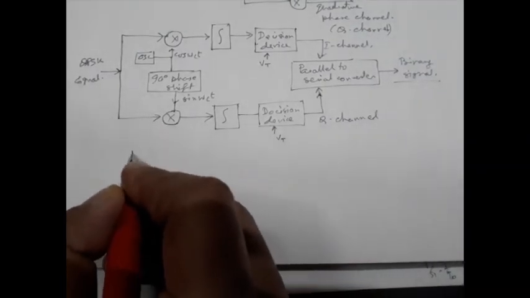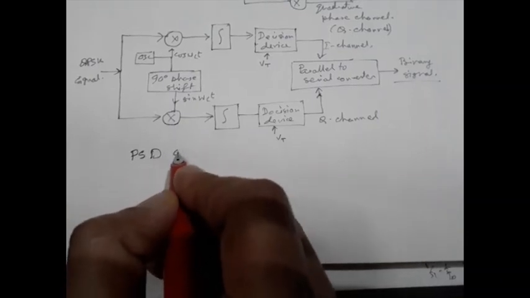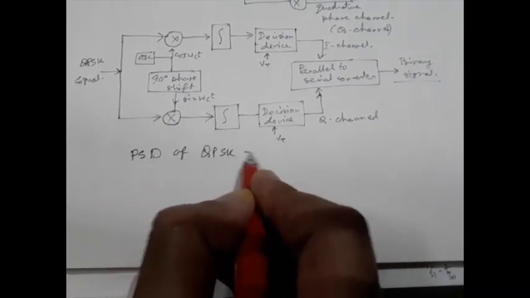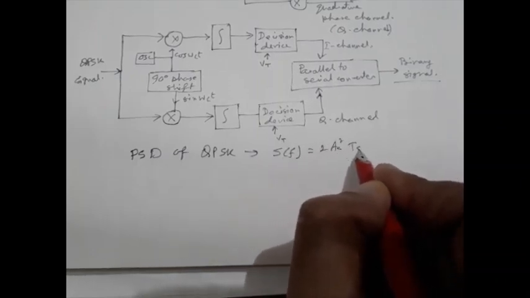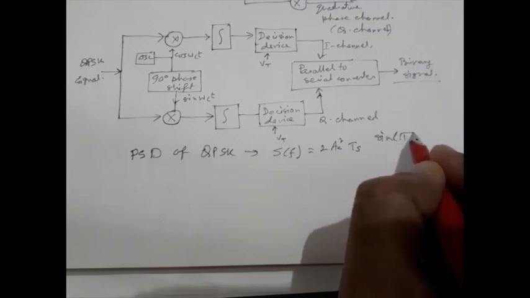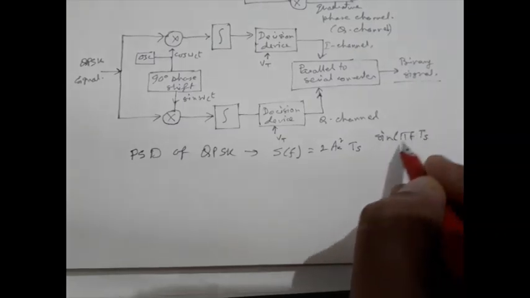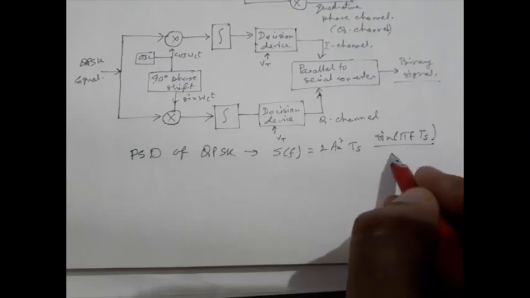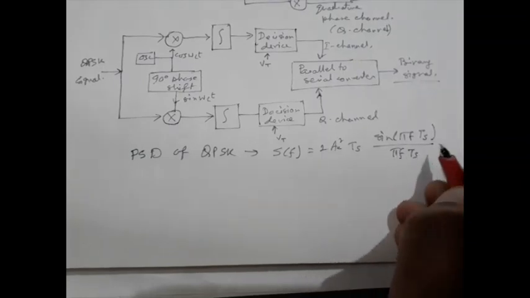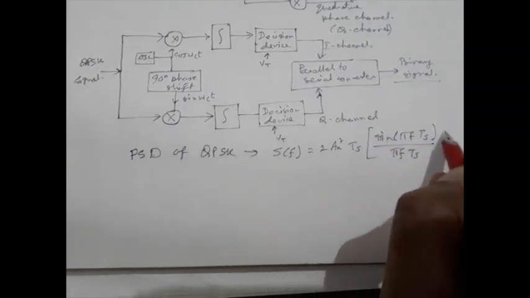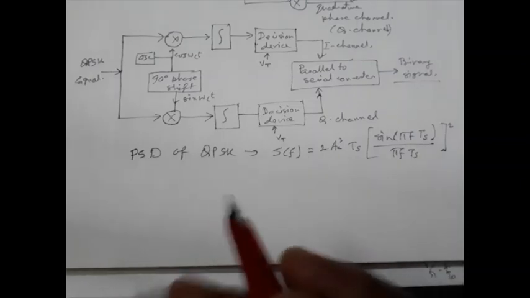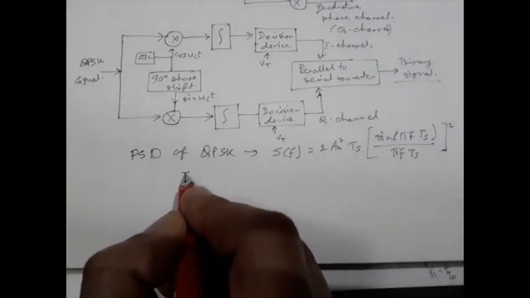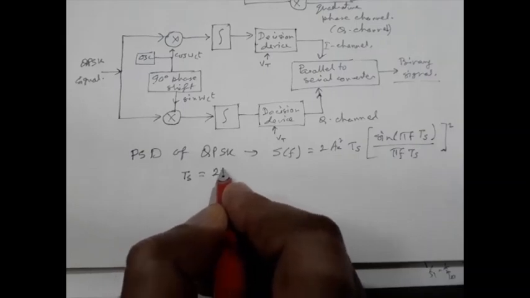Now the power spectral density, PSD, of QPSK can be calculated as sin(f Ts) divided by pi f Ts, whole square. Here Ts is the symbol time.